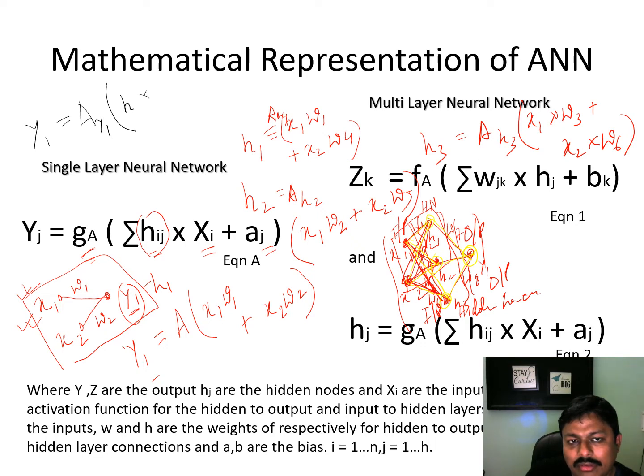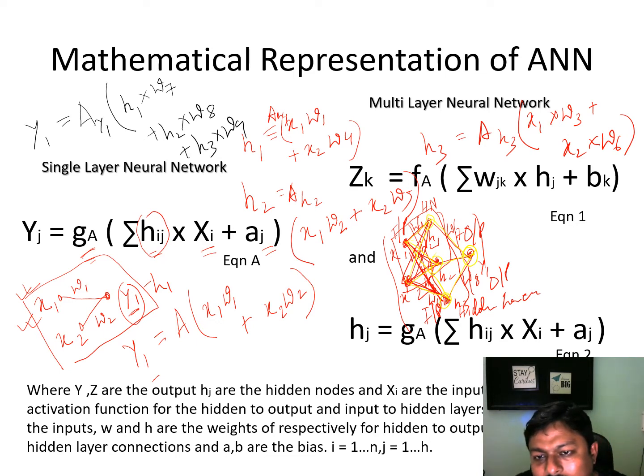So H1 will be multiplied with W7, H2 will be multiplied with W8, and H3 will be multiplied with W9. Sorry, this will be W7, this will be W8, and this will be W9, not W8 as I earlier said. So this will be Y1.